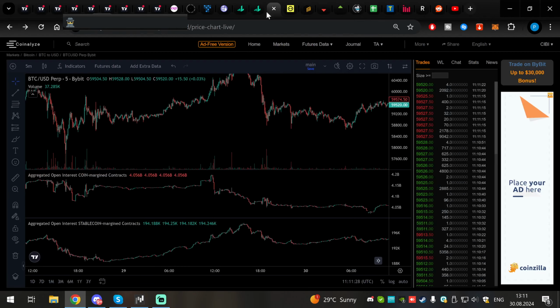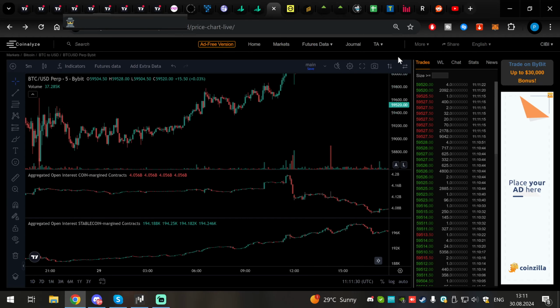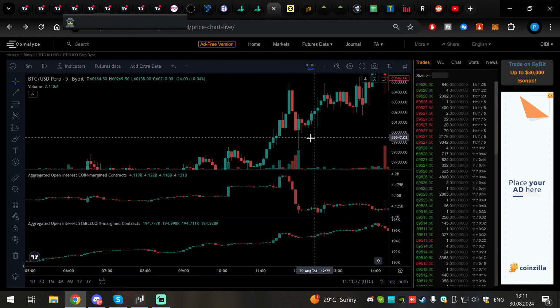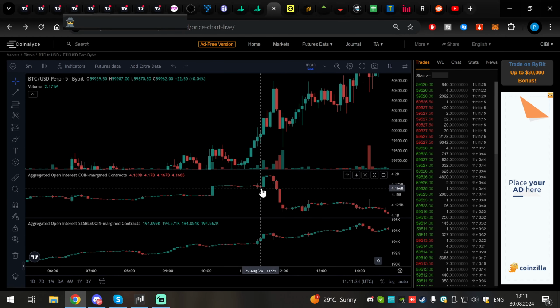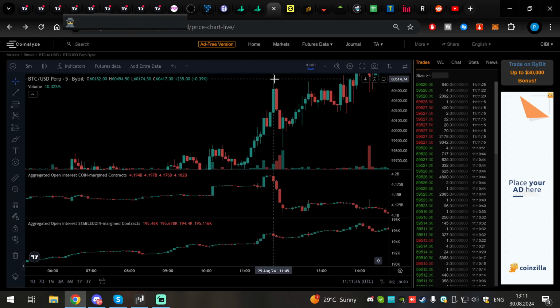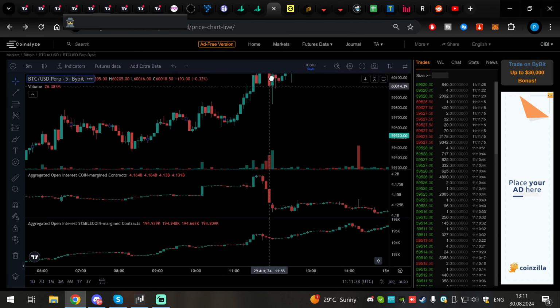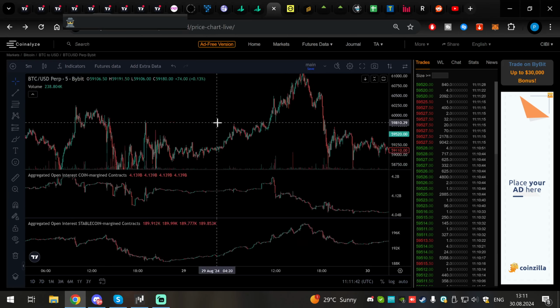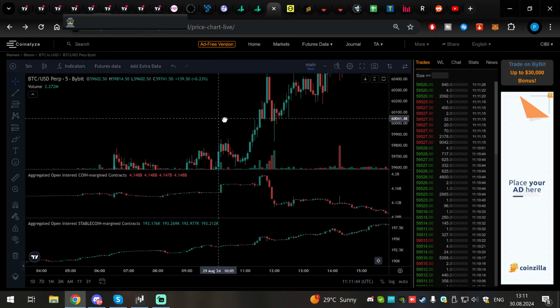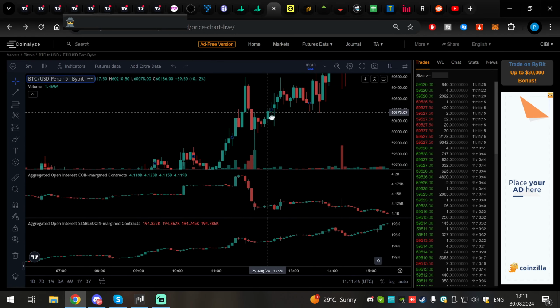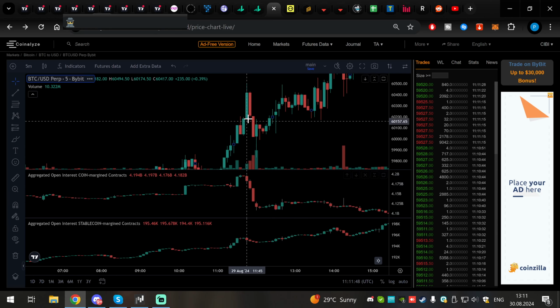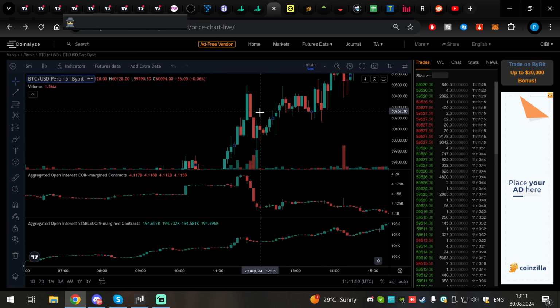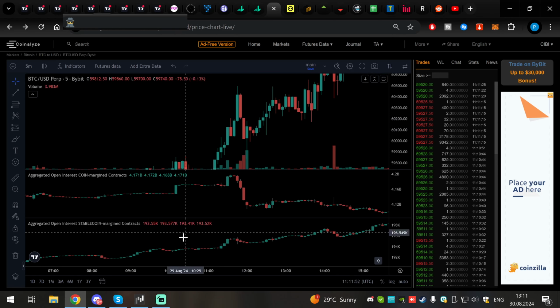Let me show you 60,300. So we are seeing open interest increasing and leading into the move. Let me check if I'm on the correct one. Yes, I'm here. Good. So open interest is increasing into the move, and also the coin-margined contracts were longing hard in this area.